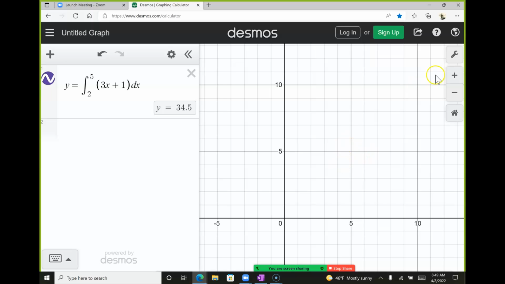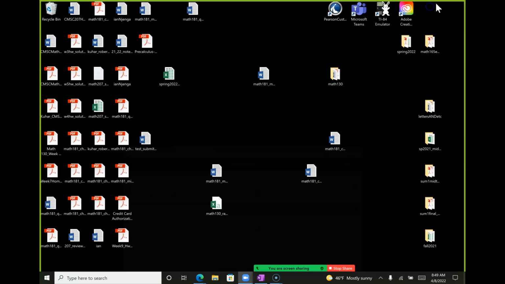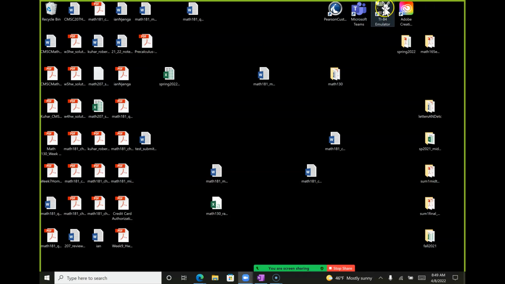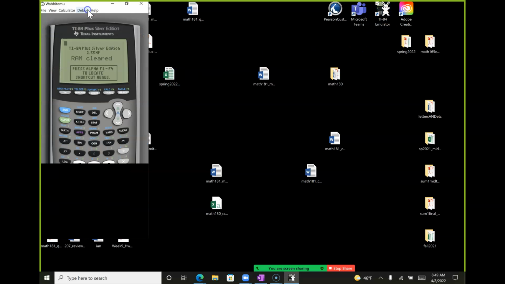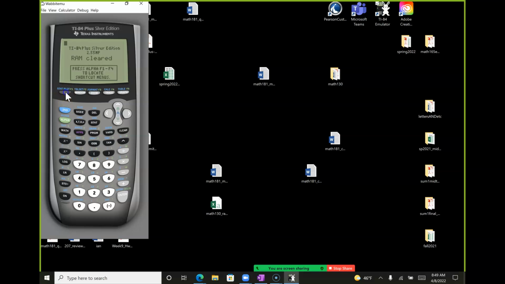But on our calculators, so that we definitely get this one right on our Chapter 5 test and on our final, I go into y equals and I put in my function, 3x plus 1. I want to make sure I zoom standard and make sure I can see the graph.